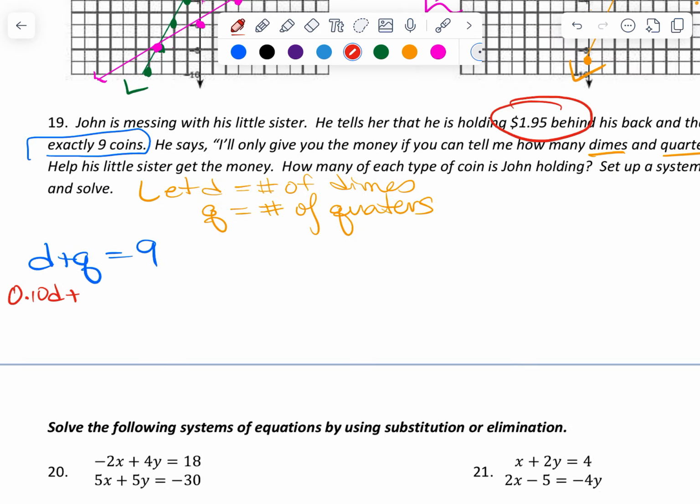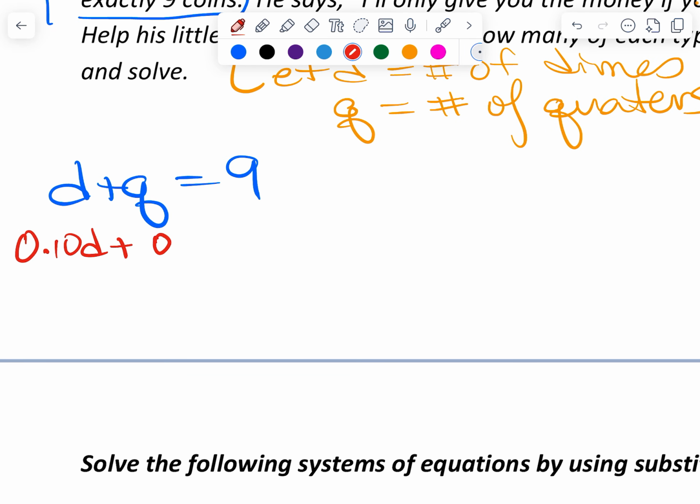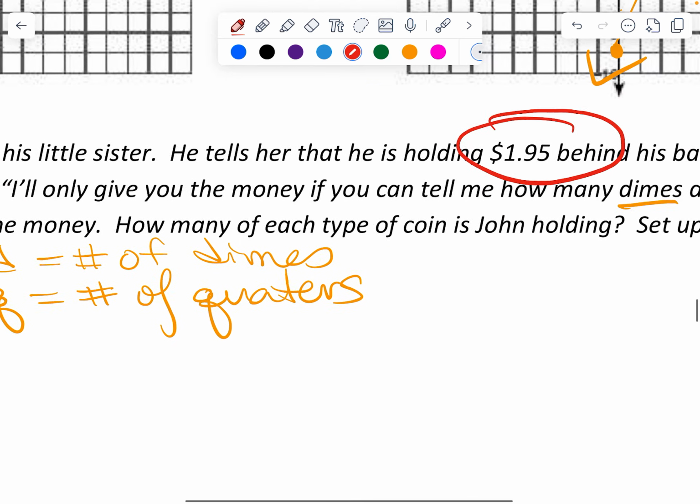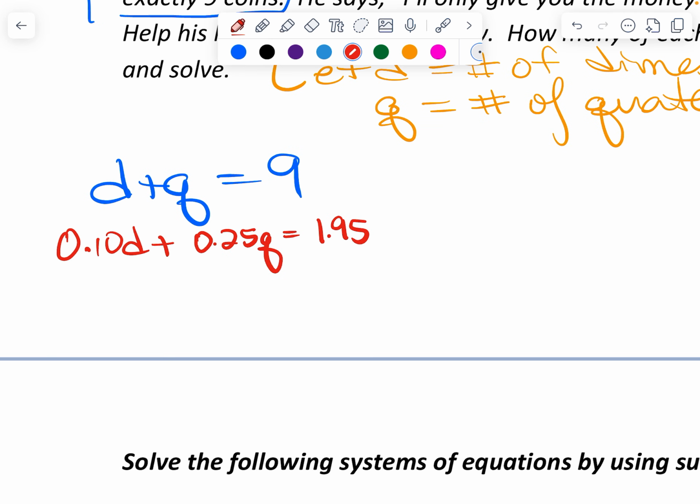How much is a quarter worth? 25 cents. And then it's $1.95. Now you guys hate decimals. So if you were to multiply everything through by 100, you would get 10D plus 25Q equals 195.